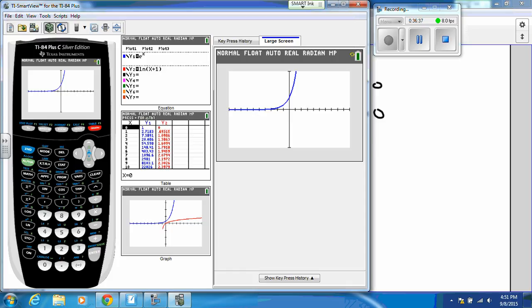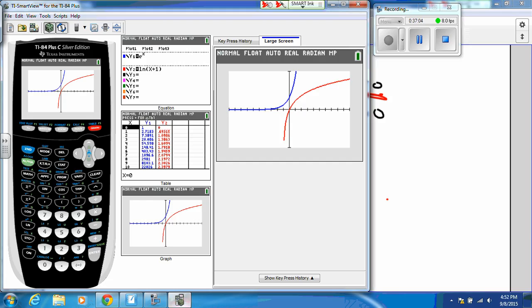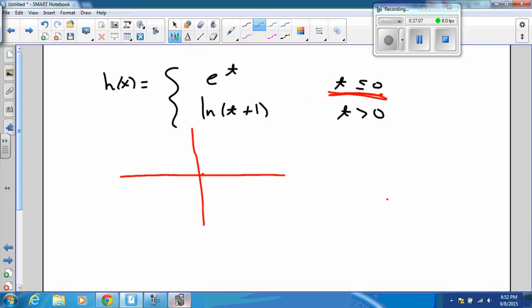This is what the calculator tells me, but I would be very, very foolish to simply copy the graph over, because the calculator knows nothing about the domains that are specified. So I'm going to carefully consider each piece of the domain one at a time. For t's less than or equal to 0, my function is going to be the graph y equals e to the t, which is the top graph here in blue.